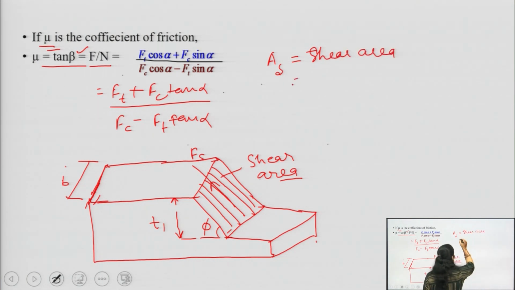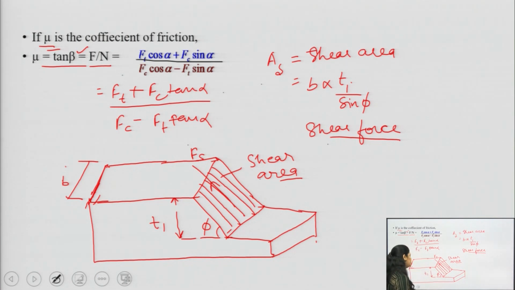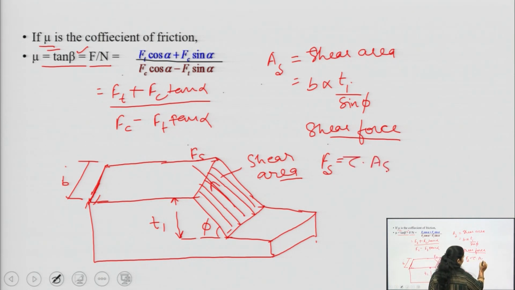Shear area will become B into T1, B into T1 by sin phi. Okay. And if we talk about the shear force, what will the shear force be? We can write shear force as Fs, and Fs will become tau into As. Tau is basically our mean shear stress.